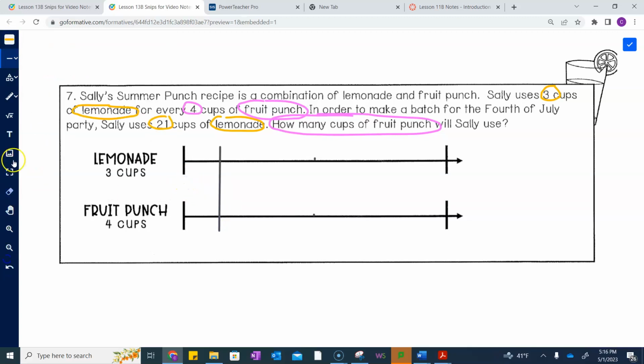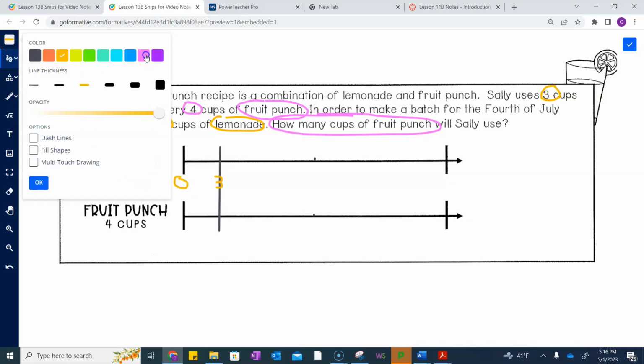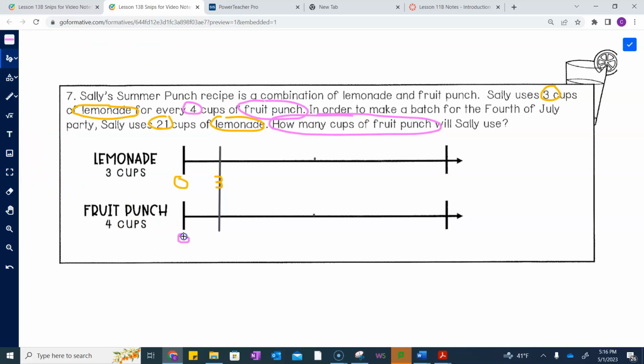Whoops, helps if I'm using the pencil tool. 0 cups of lemonade, and this is 3 cups of lemonade. And then 0 cups of fruit punch, and my first tick mark is 4 cups of fruit punch, because the ratio is 3 to 4. So I'm going to mark my 3, mark my 4. If I'm making just one batch, it's 3 cups to 4 cups.